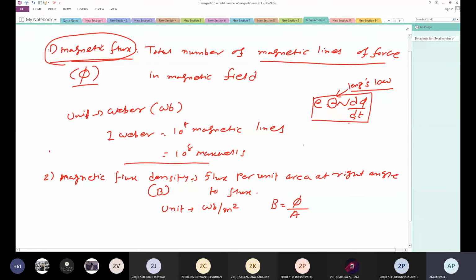In the examination, KVL and KCL are asked, so you need to write the exact statement. You need to use the algebraic word, algebraic sum. If you have written this, then you will get full marks. So this is the important word that Kirchhoff used: algebraic summation of incoming current or outgoing current or voltage around any closed loop.